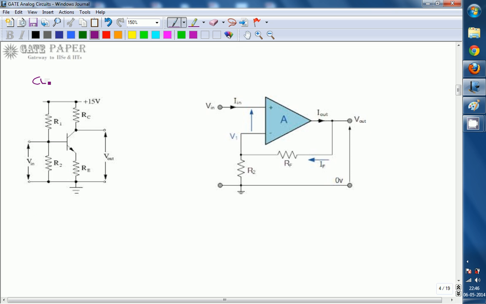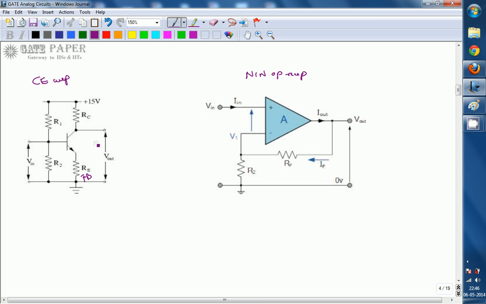So the other circuit, if you are thinking, this is the common emitter circuit. It is a common emitter amplifier, and this amplifier is nothing but a non-inverting op amp. So if you are observing again, RE is nothing but the feedback element, and the voltage across RE is a part of the output signal. So the voltage across RE, which is nothing but the feedback voltage, is going to be taken from the output loop.